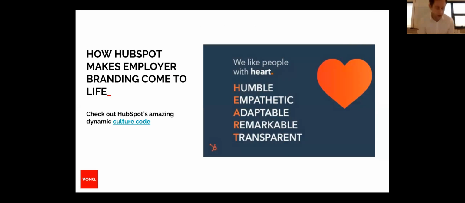Right. Okay. So one company I want to highlight here is HubSpot, who are doing a really great job in promoting their company's overarching employer brand in relation to their EVP. They have a very clear understanding of what they stand for as a company, broken down into this abbreviation which you see here, HEART.